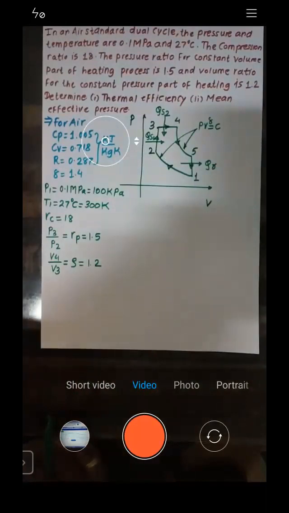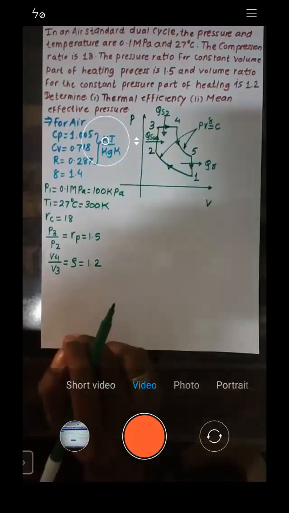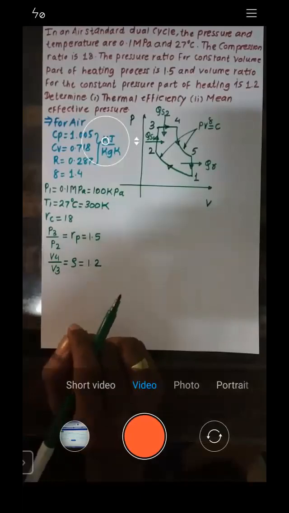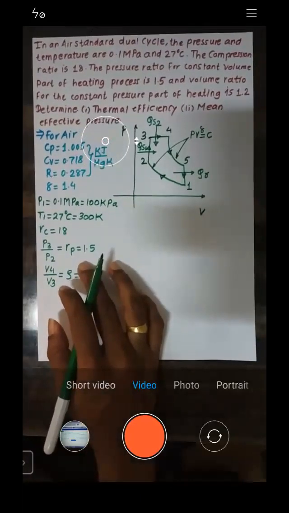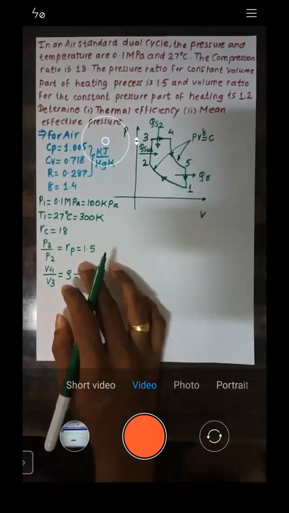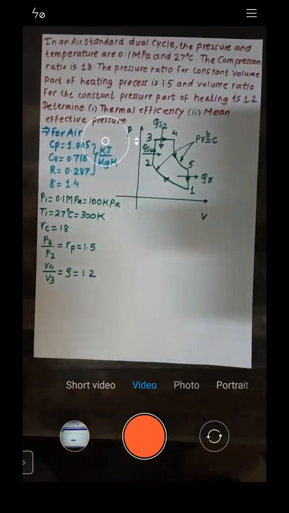Have you understood the diagram or what is written?